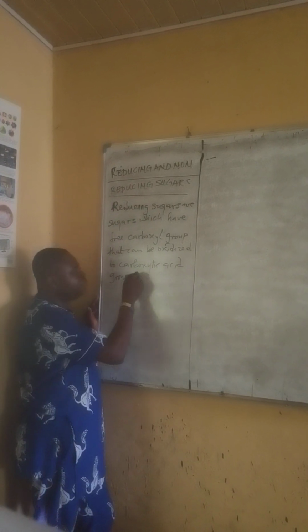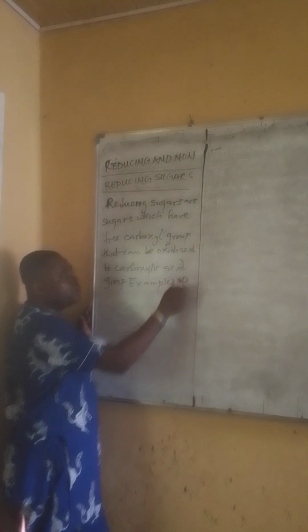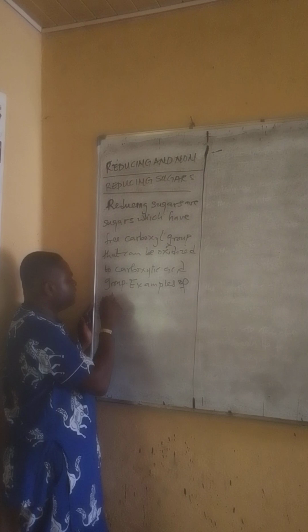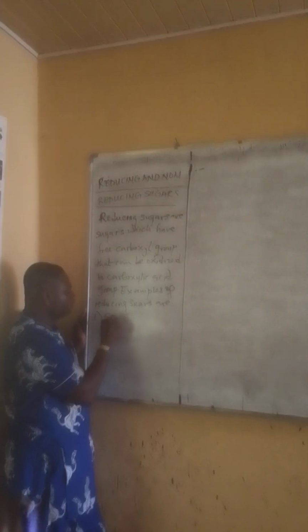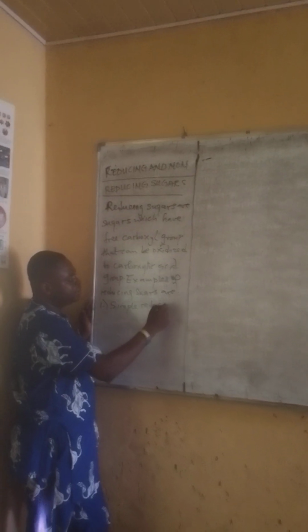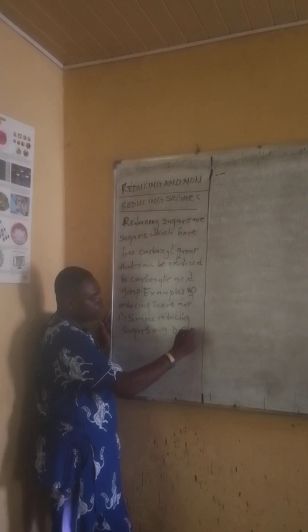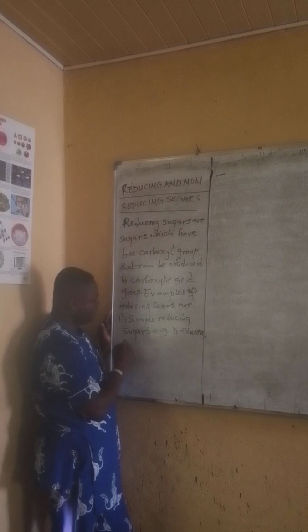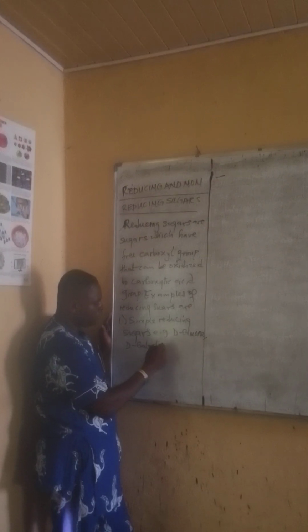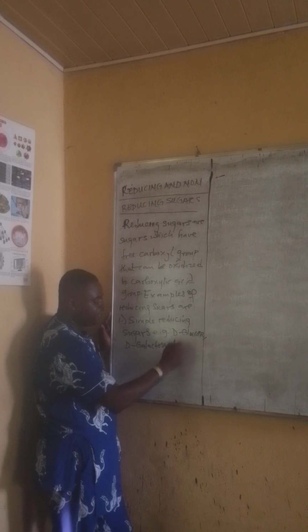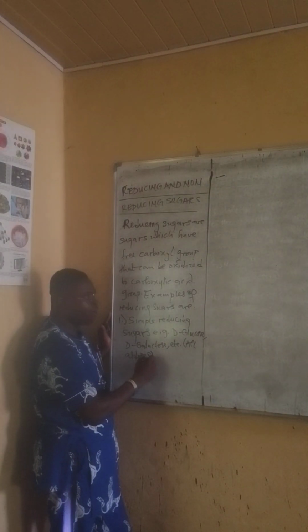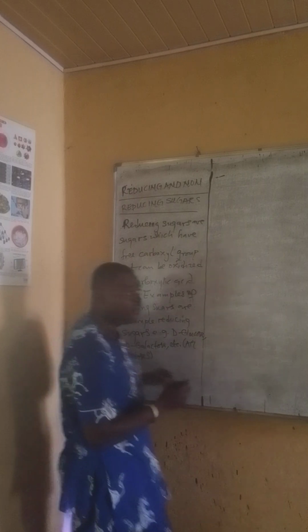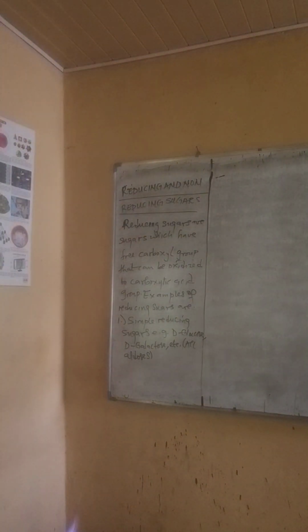Now, examples of reducing sugars. You have simple reducing sugars, e.g. D-glucose, then you have D-galactose, etc. Bear in mind, all aldoses, all monosaccharides that have a CHO group.